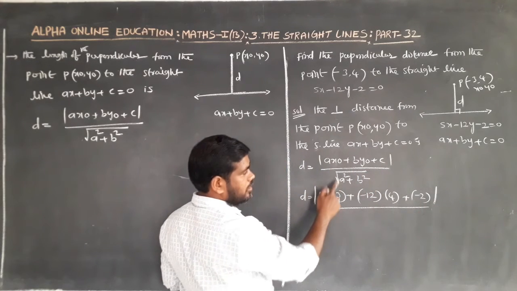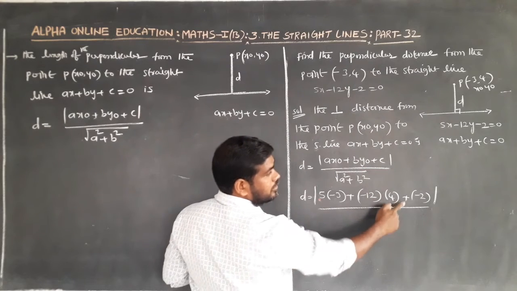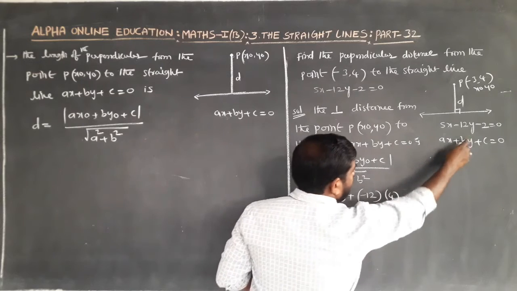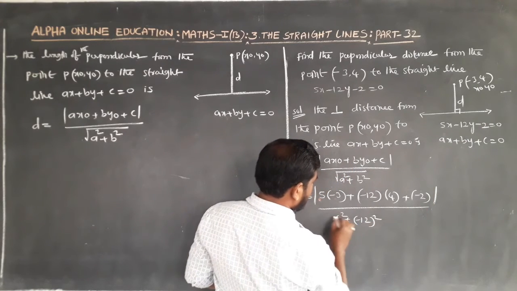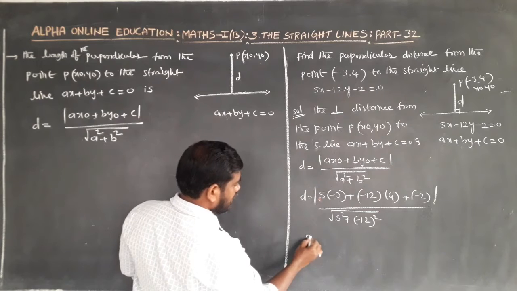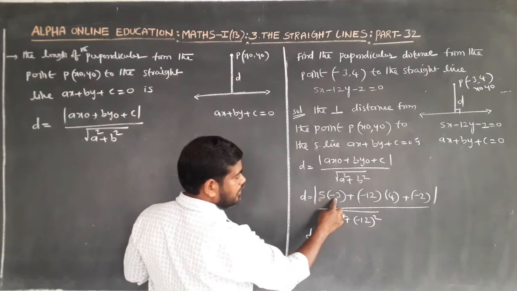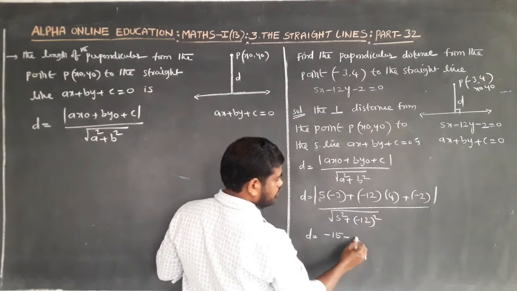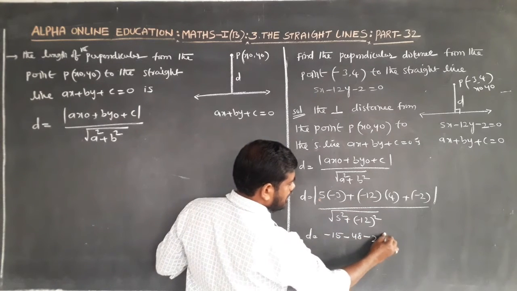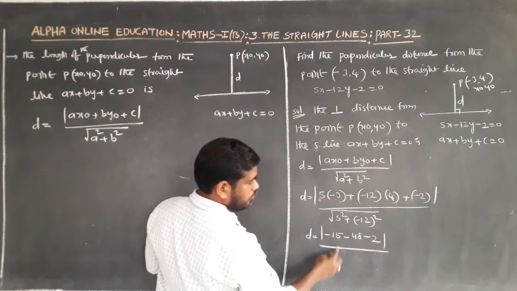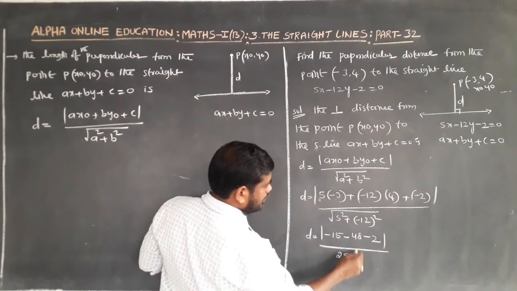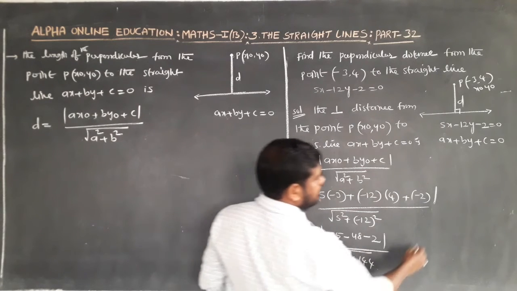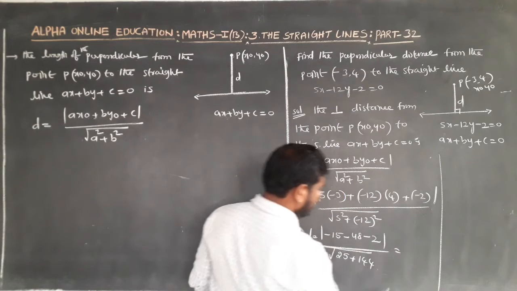D is equal to 5 into minus 3, minus 15, minus 12 into 4, minus 48, minus 2, whole divided by under root of 5 square 25 plus minus 12 whole square 144.